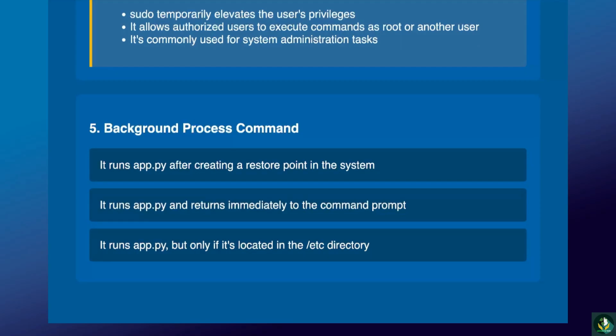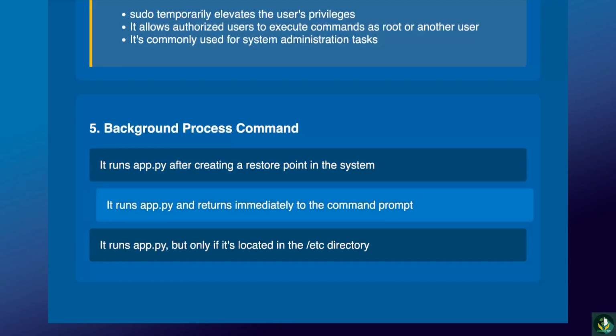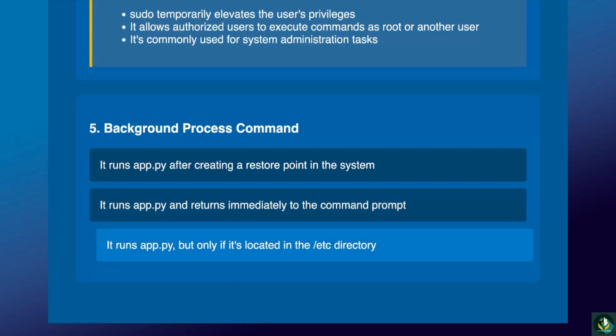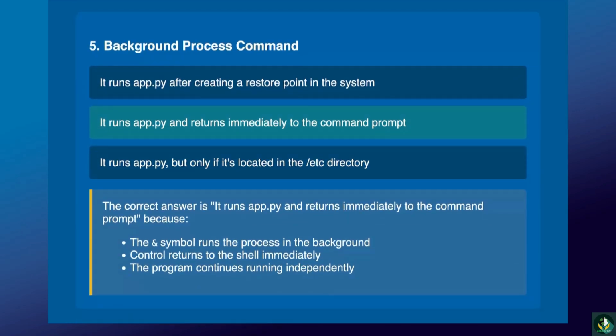It runs app.py after creating a restore point in the system. It runs app.py and returns immediately to the command prompt, and it runs app.py but only if it's located in the etc directory. And the correct answer is it runs app.py and returns immediately to the command prompt.